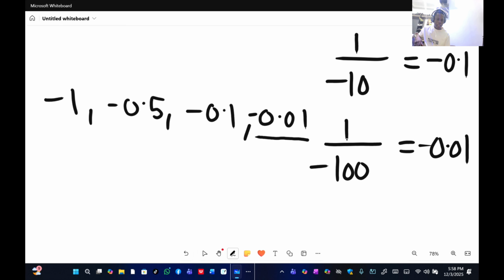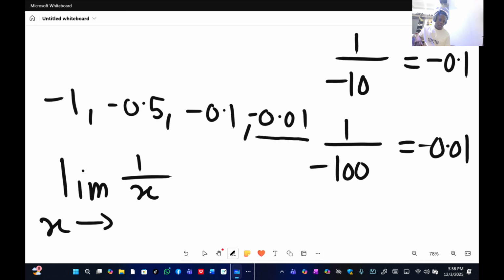So we conclude that the limit of the function 1 over x as the input x approaches negative infinity, I'm forgetting my negative, negative infinity, will be equal to 1 over negative infinity.